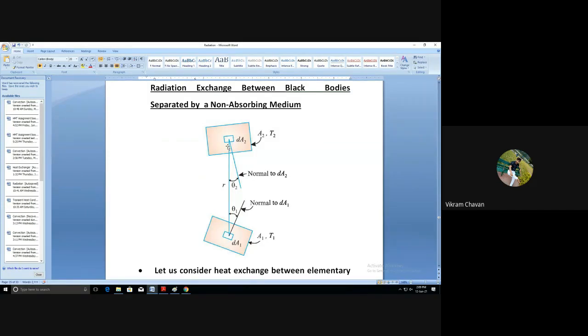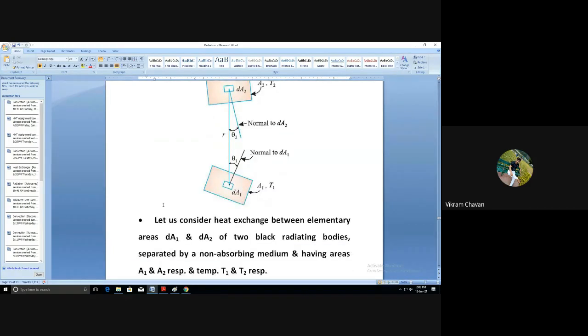That is the first and most important characteristic of a black body. So for a black body, the emissivity is equal to 1, and we know that according to Kirchhoff's law, emissivity is equal to absorptivity. We have to recall that characteristic when discussing the black body.